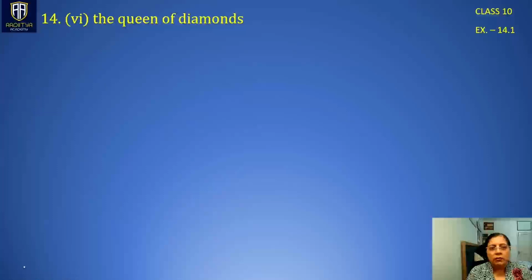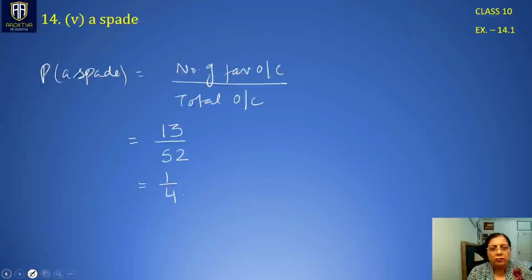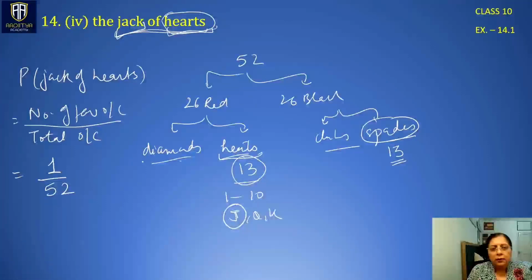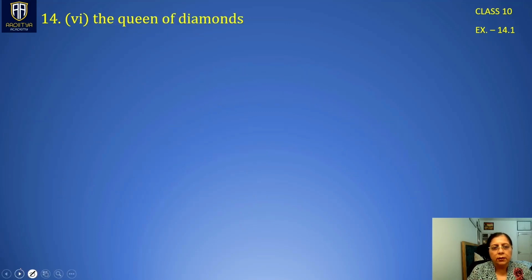Next is the Queen of Diamonds. Here also if we go back, see, diamonds is a particular suit. In this also we have 1 to 10 numbered cards, J, Q and K. Queen of Diamonds is a particular card which has a particular suit and a particular number. So this is exactly 1 card. Probability of Queen of Diamonds.